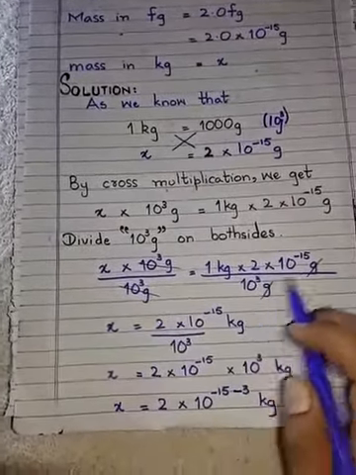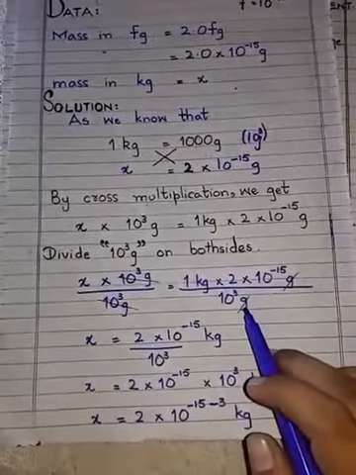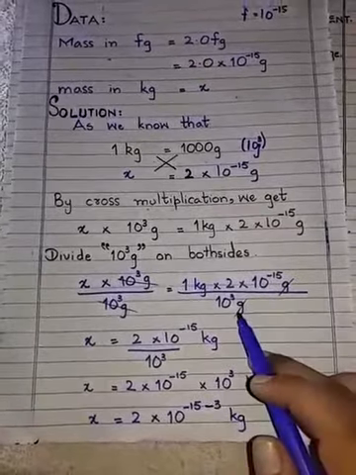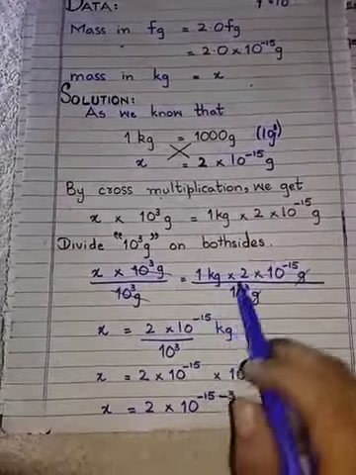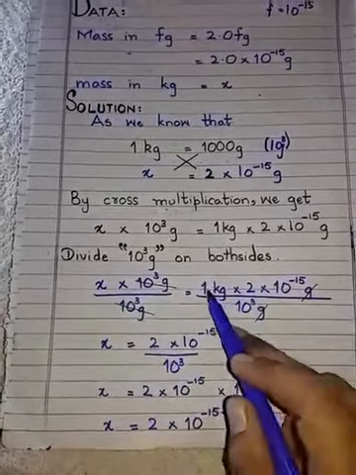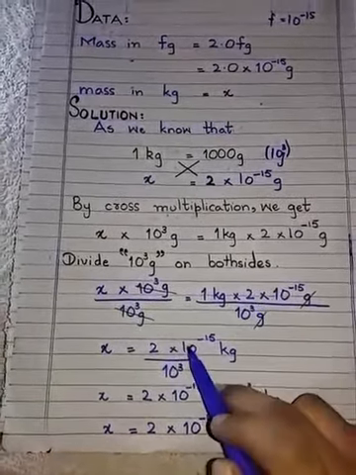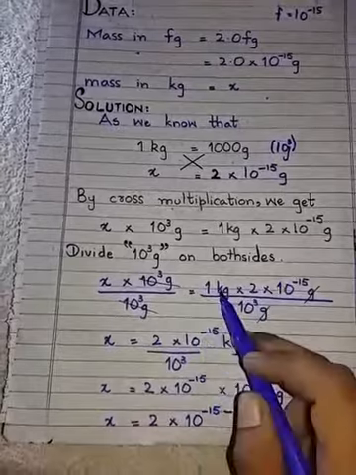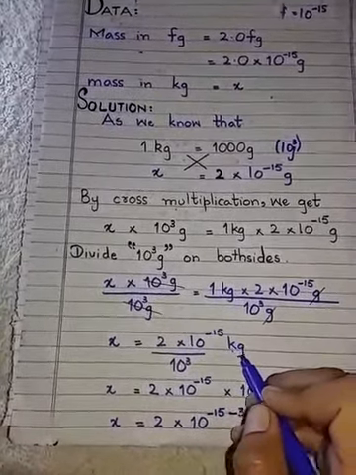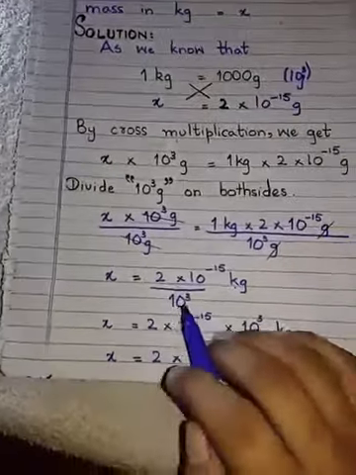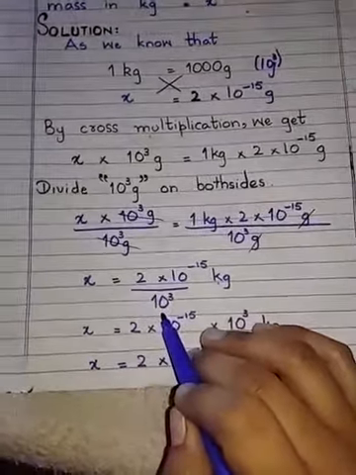On the other side, first we solve the units. Gram and gram cancel. So x is equal to 1 times 2 into 10 raised to power minus 15, and the remaining unit is kilogram, divided by 10 raised to power 3.